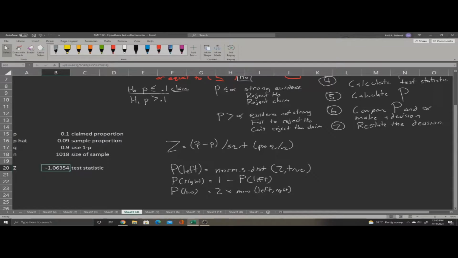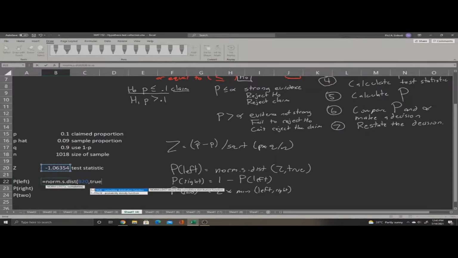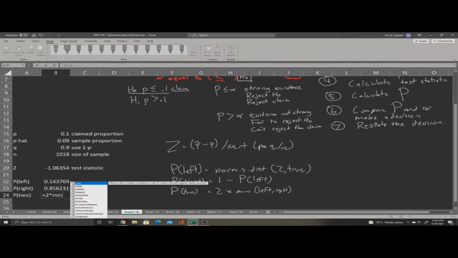Let's put places for those in Excel as well. For the left tail, we'll say equals norm S dist, click on the Z value, and say true. For the right tail, we'll say 1 minus the left tail. And for the two tail, we'll say 2 times min parentheses and select the left and the right with the blue box.